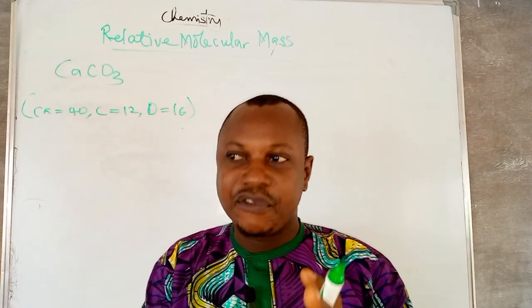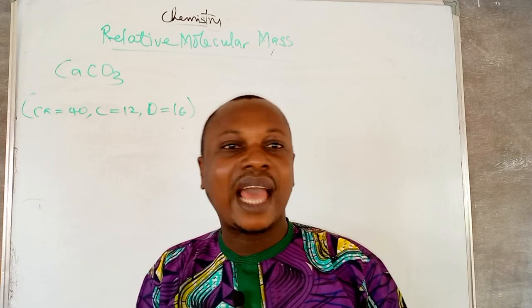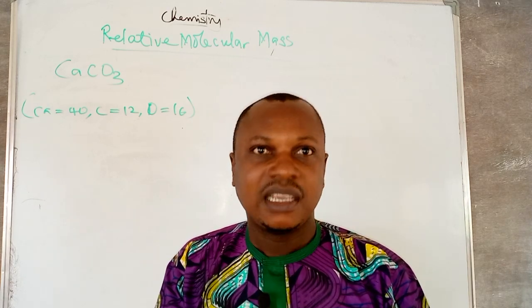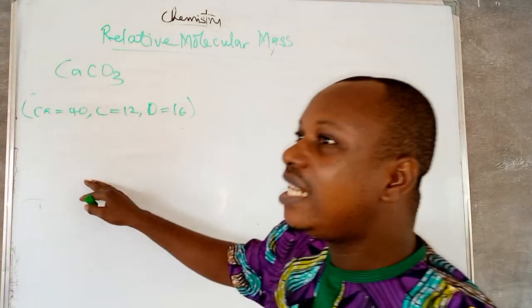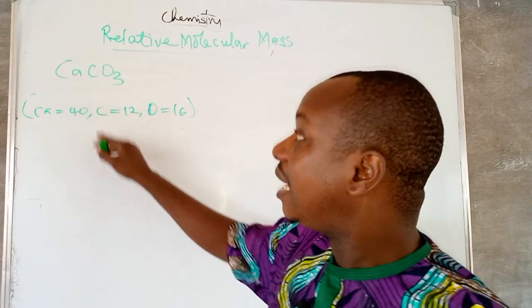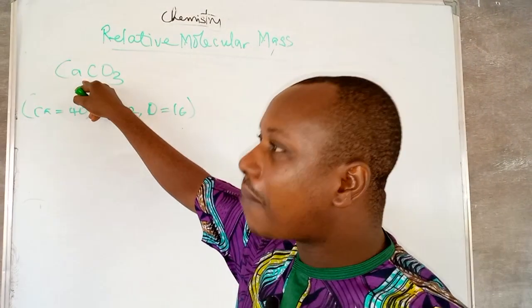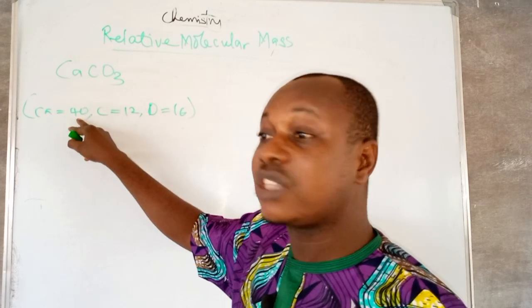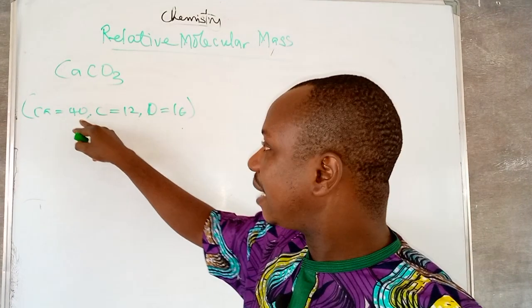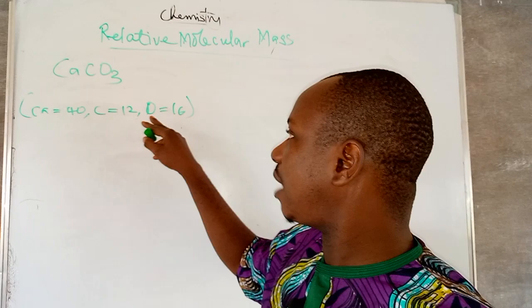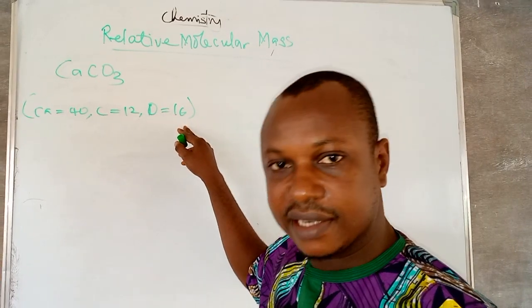It is not like the weight of a substance which varies, but this one is the same worldwide. Relative atomic mass of calcium is 40 anywhere you go. That of carbon is 12 and oxygen is 16.